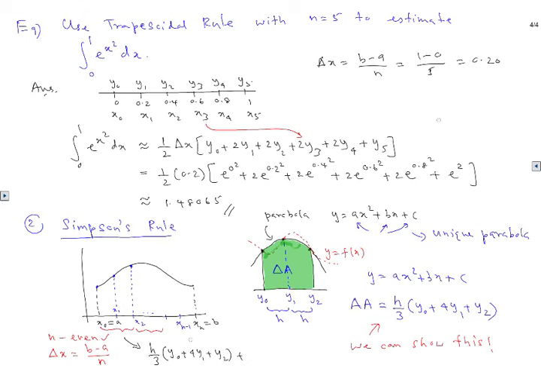Then for the next 3, you still get h over 3, but starting at y2, because y0, y1, y2 is gone: y2 plus 4y3 plus y4. Keep doing it. You always consider 2 at a time, and then you write it. So just keep doing it.